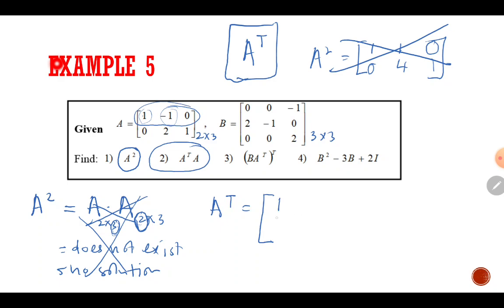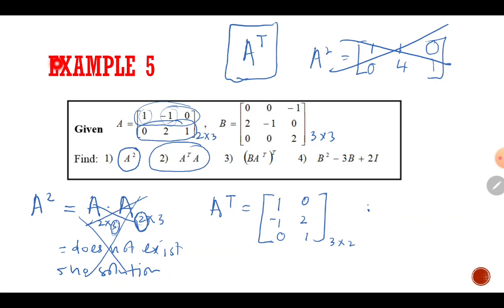We have 1, negative 1, 0. Okay, and then the second row becomes the second column. So we have 0, 2, and 1. Alright, so this is now A transpose, which consists of 3 rows times 2 columns. And is it possible if we want to multiply with matrix A now?